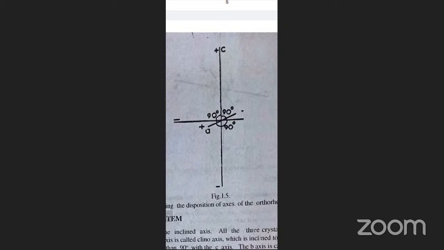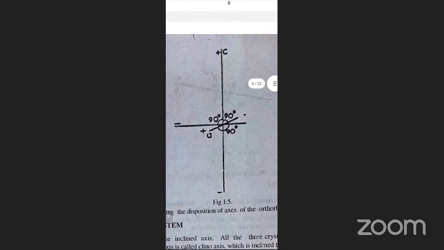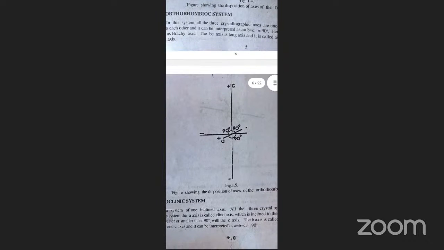It is very small when compared to the other two. It is known as the brachyaxis. The B axis is the long axis, known as the macro axis. And C is called the vertical axis. The straight, long line appearing here is called the C axis.